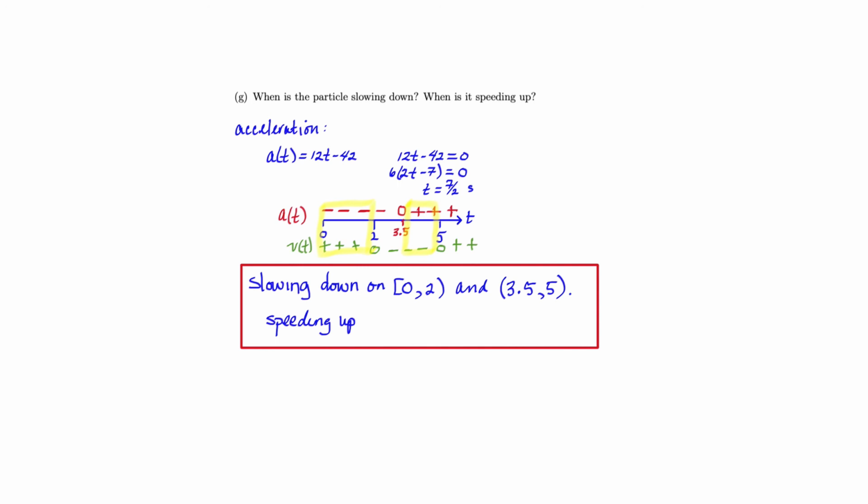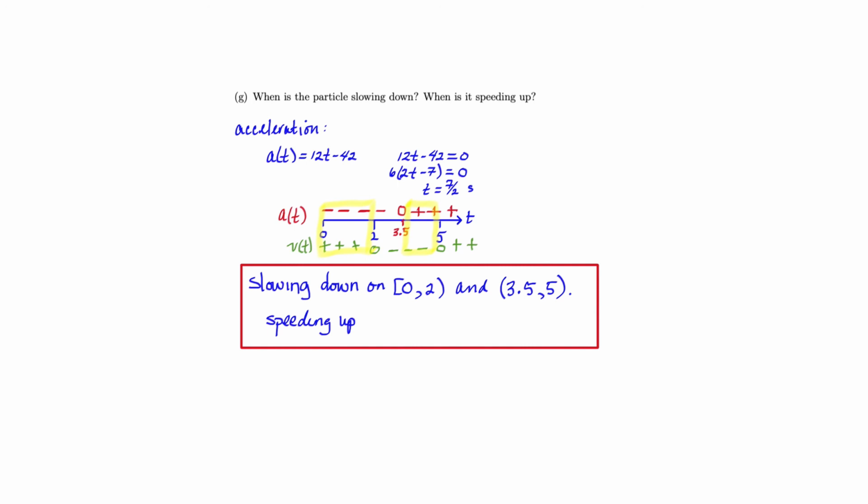Where is it speeding up? Well, it's speeding up on the intervals where the acceleration is pushing it in the same direction that it's already moving. So imagine you're driving in your car, you're going forward, and you hit the gas. You're pushing the car forward. Or imagine you're falling to the ground, right?